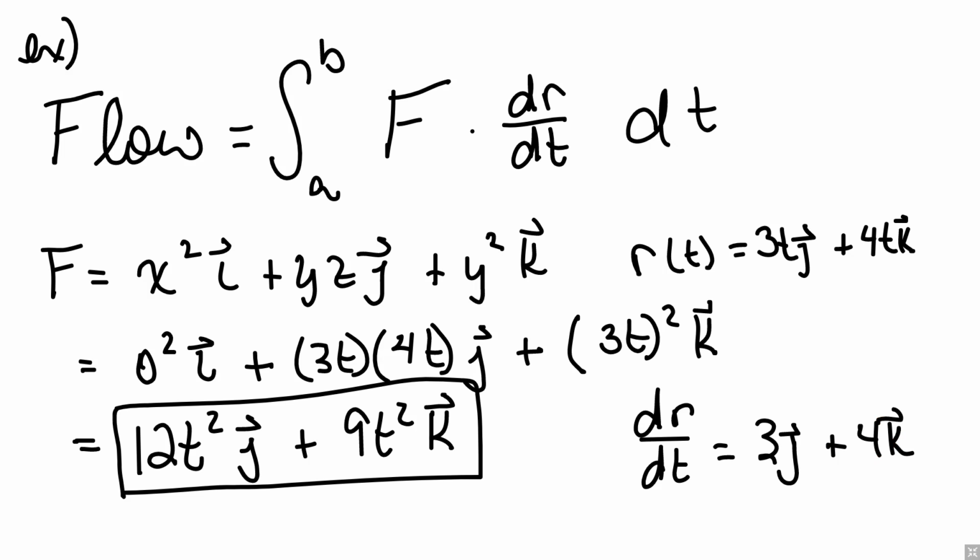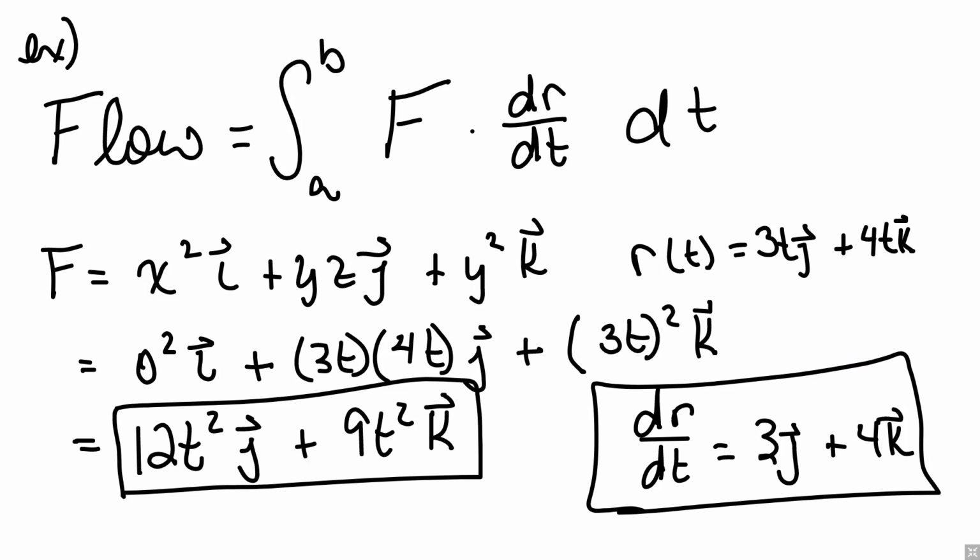Correct. So we found our dr dt. Now we're going to take the dot product of these two. In the problem, they tell us how t is running. T is running from what to what? 0 to 1. Okay. So the flow is equal to the integral from 0 to 1.